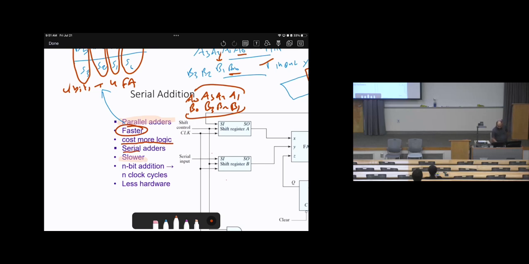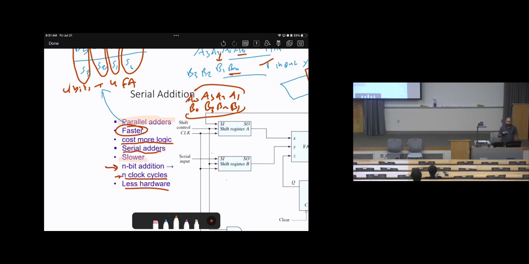While in serial, we will still use only one full adder. It can be for any number of bits, which means less hardware. The higher the number of bits, the more cost we save. But the disadvantage is that it is slower, because it will take n clock cycles. If we have 64 bits, it will take 64 clock cycles.